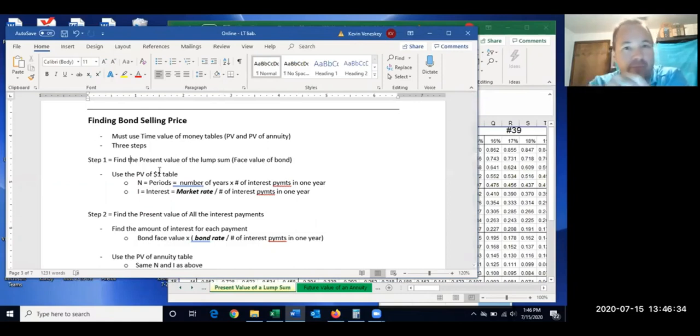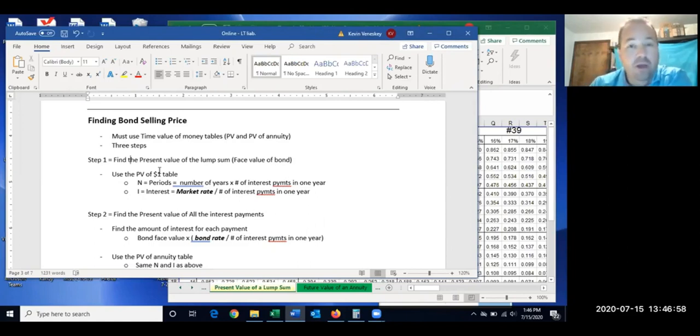And what I mean by that is that if I'm selling a $50,000 bond, that means I'm going to give back my bondholder 50 grand in 5 years. 50 grand in 5 years is not the same as 50 grand right now. And the interest payments, I'm going to be giving them interest payments over the next 5 years, twice a year.